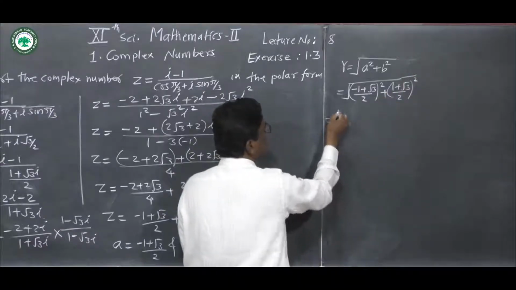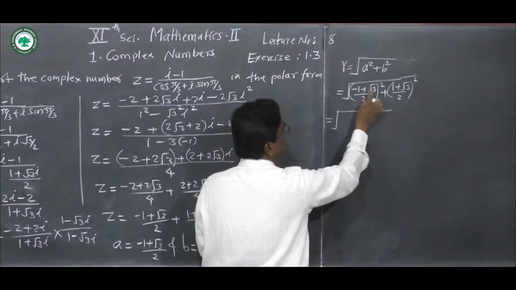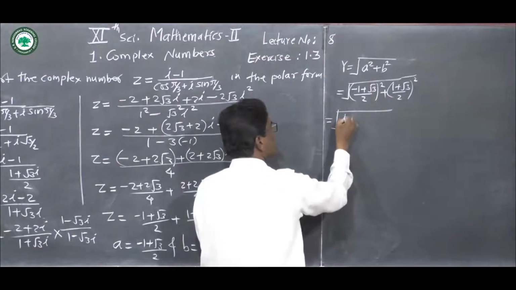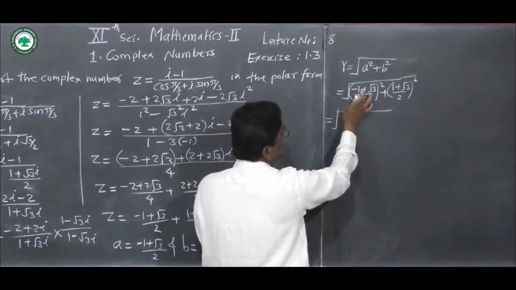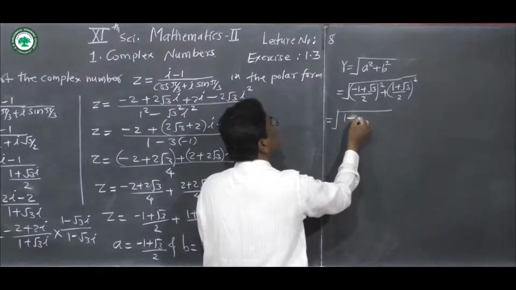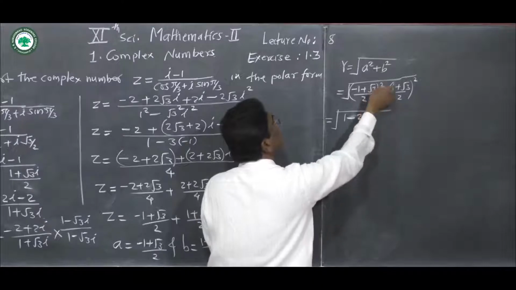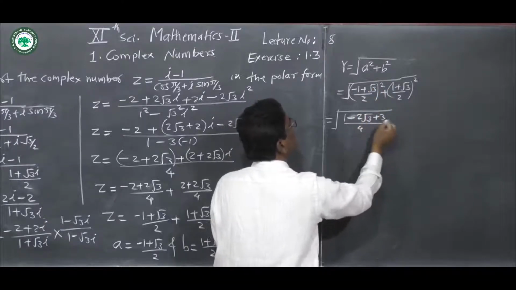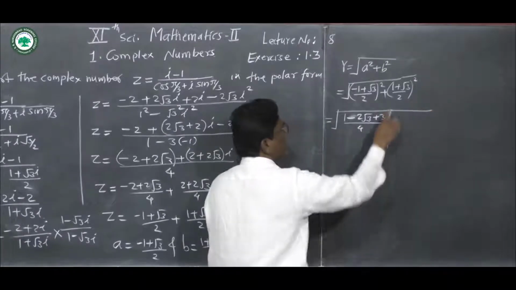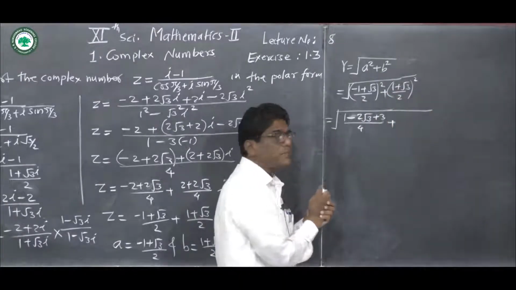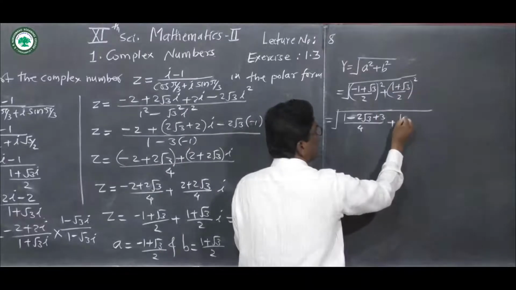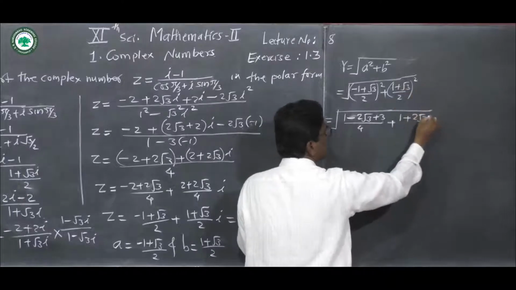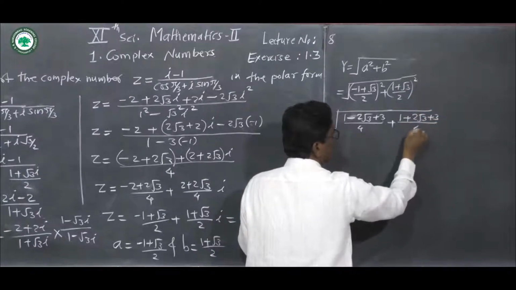So this is equal to under root of, we expand this using the formula a plus b bracket square, a square, that is minus 1 square is 1, plus 2 into minus 1 into root 3, that is minus 2 root 3, and plus root 3 square, that is 3, and divided by 2 square, it is 4, plus here also expand using the formula a plus b bracket square, a square, 1 square is 1, plus 2 into 1 into root 3, that is 2 root 3, plus root 3 square, it is 3 divided by 4.